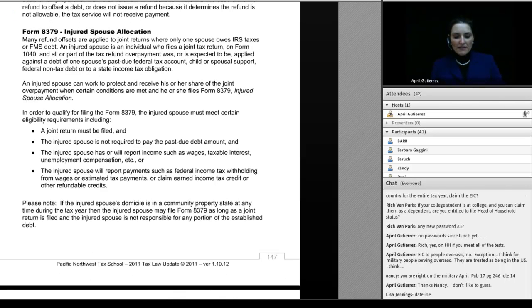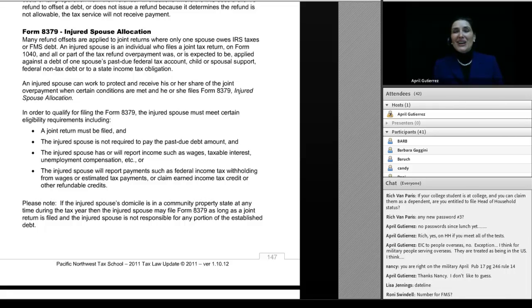All right, so let's move past that FMS and IRS debt collection onto what happens when you do have a debt, but it's not yours because you're married to the person who owes it. And this is where we get onto a subject called injured spouse.